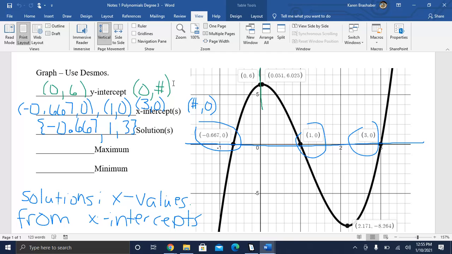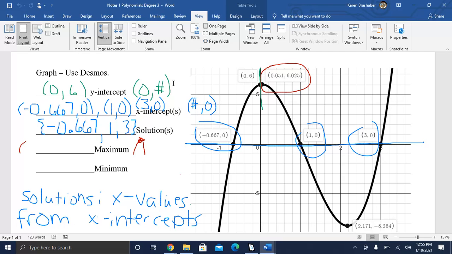All right, then we have 2 other points that we will be looking for. These graphs may have a maximum. A maximum is where the graph has a hill. So you would be looking for this highest point on the hill. And so that would be, in this case, this point that was very, very close to the y-intercept.